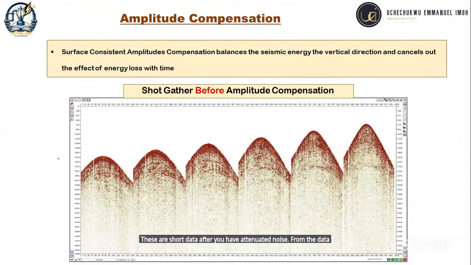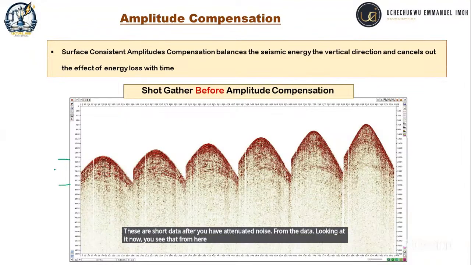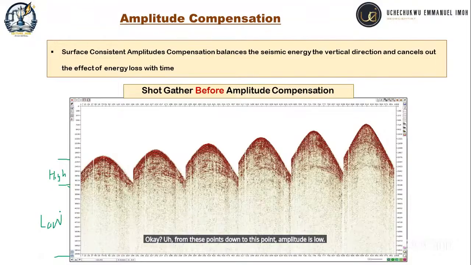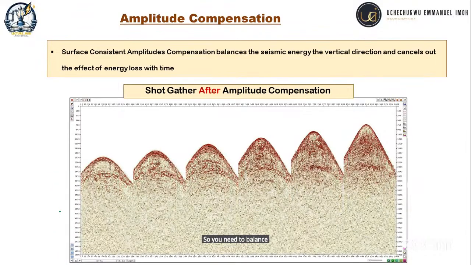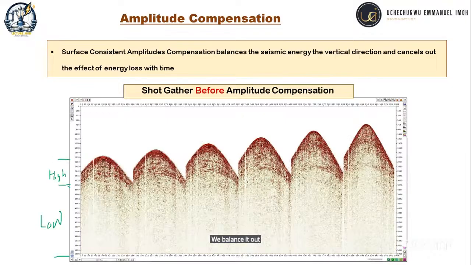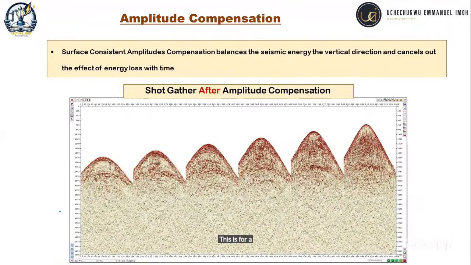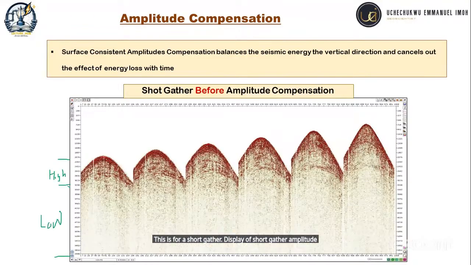Looking at it now, from here to here, amplitude is relatively high. From this point down to this point, amplitude is low. So you need to balance this energy. You balance it out. The upper part will still have a relatively high amplitude, but the lower part will increase, and you can start seeing events in the deeper part of the seismic data. This is a display of amplitude compensation on a shot gather.